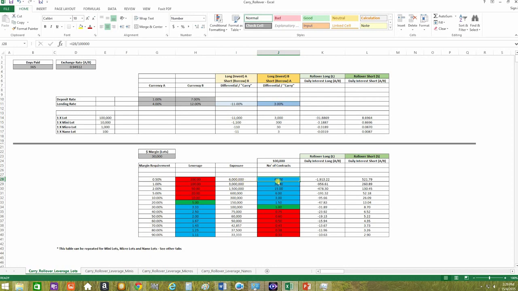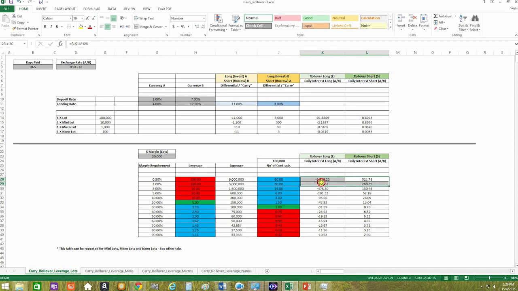So that tells us how many contracts we're looking to trade. And we can see that if we actually did a situation in our trading account where we went long the currency pair AB, this is how much we'd be paying out per day in dollar terms. But if we did the opposite and went short the currency pair AB, this is what we'd be receiving.